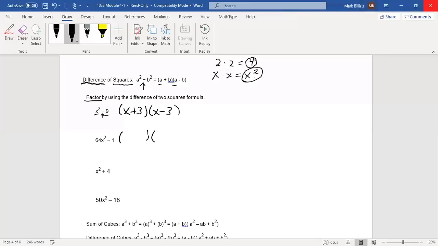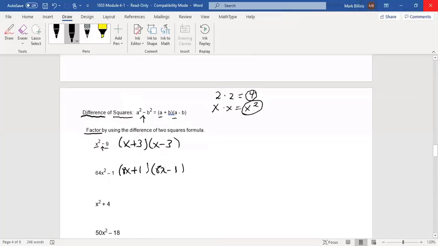So again, we go directly into our factoring. We know that 8x times 8x gives us 64x squared. We know that 1 times 1 gives us 1. And we know one factor has to be positive and the other factor negative.